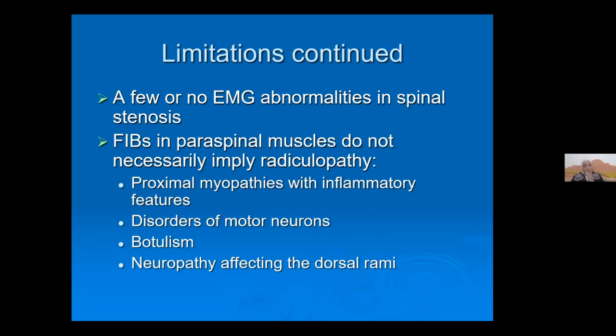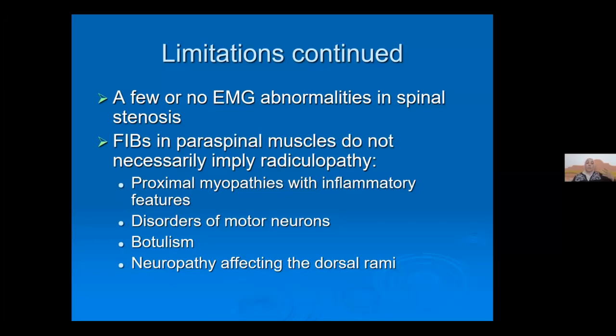In cases of spinal stenosis, which is commonly seen, I can find few or no abnormalities with a lot of symptoms. The patient has a lot of symptoms and the EMG is normal or only slightly abnormal. Fibs in paraspinal muscles, which are important, as we said, and point to the diagnosis, are sometimes present in other conditions.